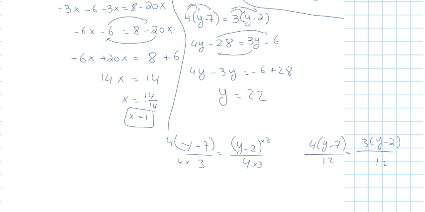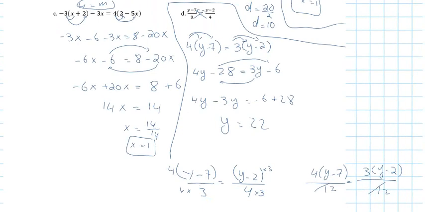Now, because both denominators on both sides of the equality are 12, they cancel each other out. And then you're going to end up with my first step. So if you do cross multiplication, you're skipping this step. We're just skipping a step.